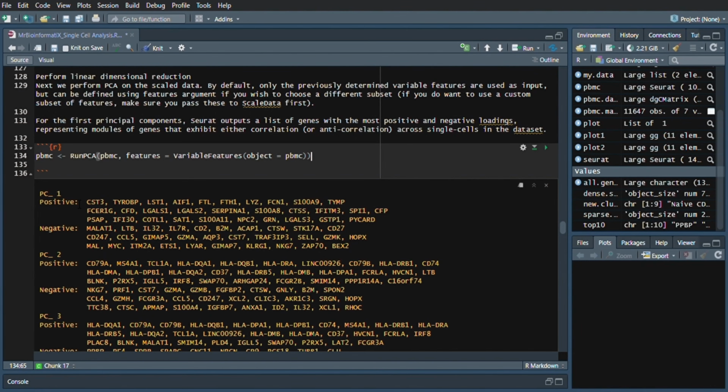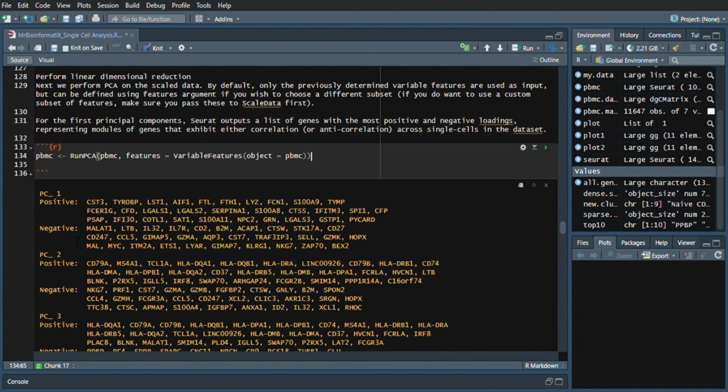For PC1 positive features, these are genes that contribute strongly to the positive direction of PC1. They show higher expression levels in cells that score high on PC1. And for negative features, these genes contribute to the negative direction of PC1. They show higher expression levels in cells that score low on PC1, and so on.